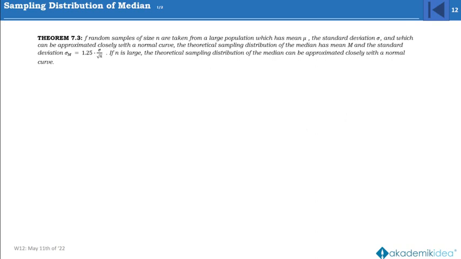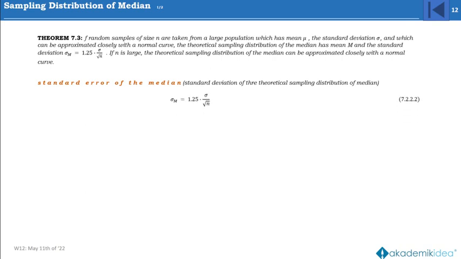Since the standard deviation of the population from which we took the 50 samples was 3.44, we should have expected the standard deviation of our experimental sampling distribution of the 50 medians to be 1.92.